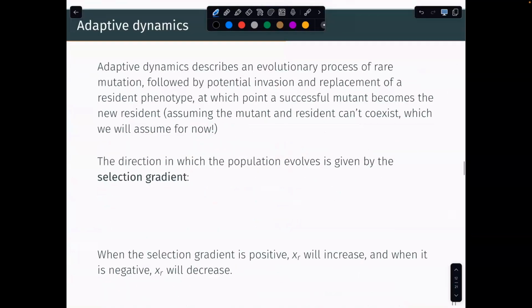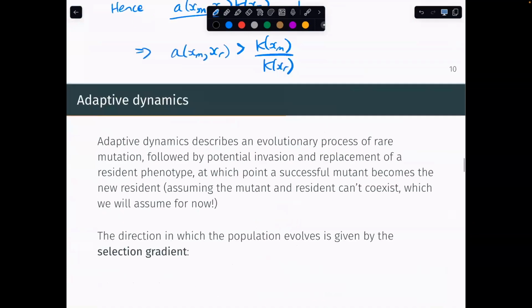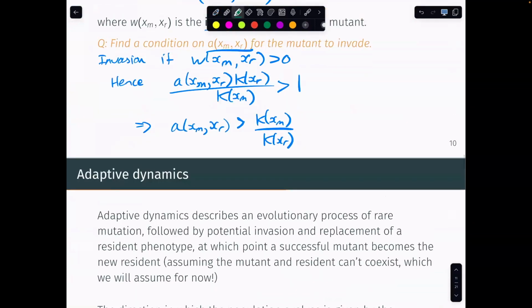And then the next thing we need to do is say, if we assume that mutant is able to invade, so our mutant can invade whenever this equation is satisfied, what happens in the long term? Once a mutation arises, we see whether it can invade. If it can invade, it replaces the resident, and then we repeat. We keep repeating that process with our mutants replacing our residents if they're able to invade. If they can't invade, then we just stay with our current resident.